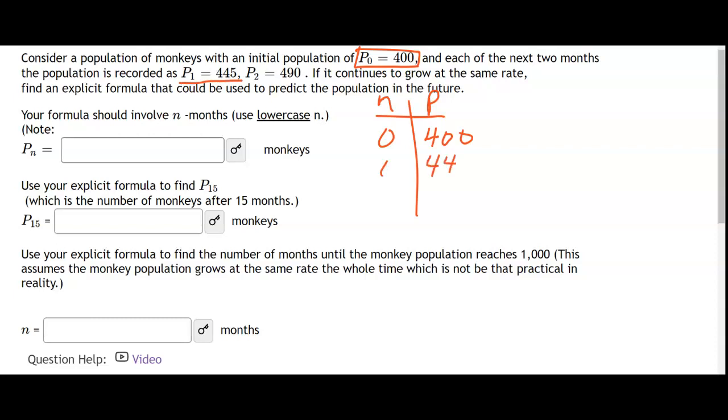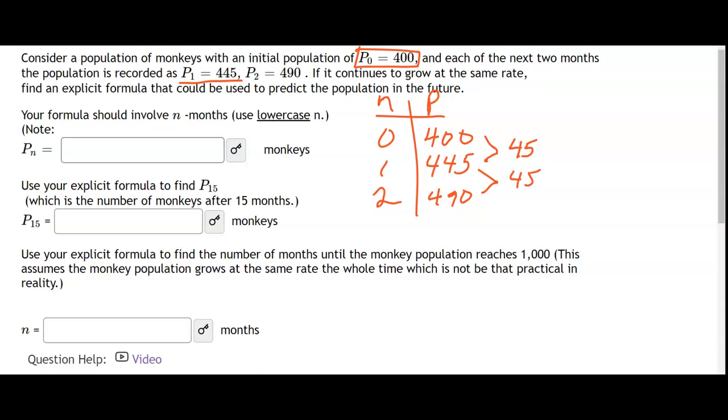So we already said this was linear growth. If you look at what happens, the 445 minus 400, that's an increase of 45, right? That went up by 45. And then after the second month, after 1 more month, that went up to 490. And so that also was an increase of 45.